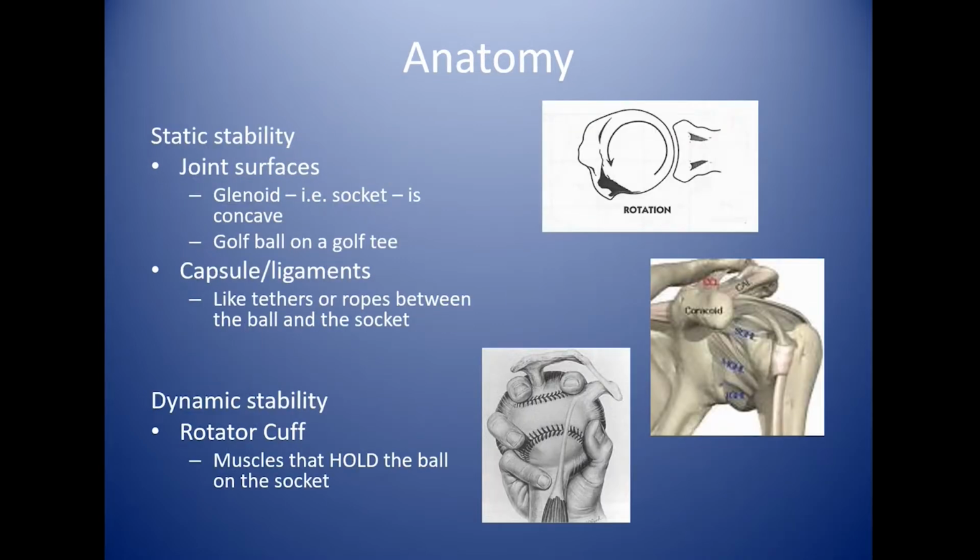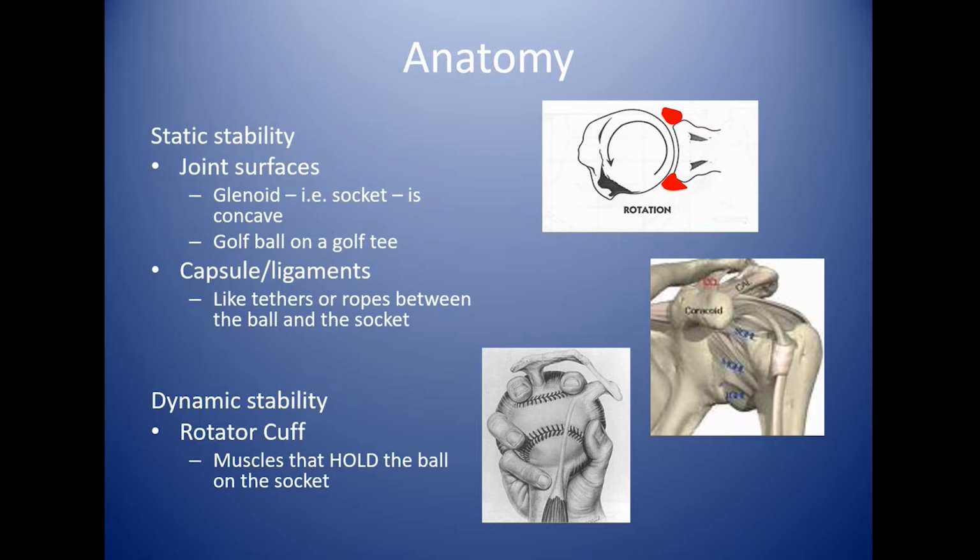I like to touch on two different things that are important for shoulders. One is what we call static stability. If you click on that slide once, in the top right-hand picture, that's a cross section through the shoulder. Imagine again a golf ball sitting on a golf tee, but turned sideways.